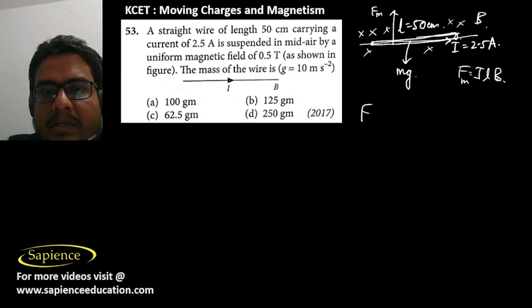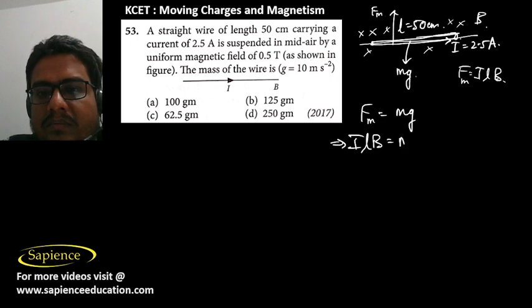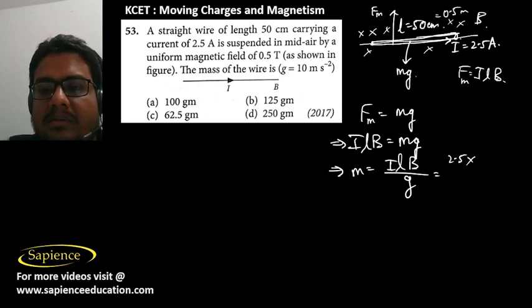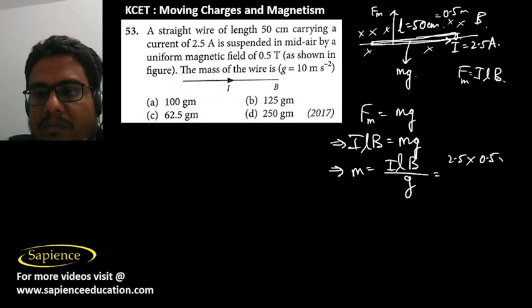So the magnetic force should be equal to mg. So ILB should be equal to mg. Now the mass of the wire is being asked, so mass is equal to ILB by g. I is given as 2.5 ampere and length is 50 centimeters, so it is 0.5 meter, into the field.